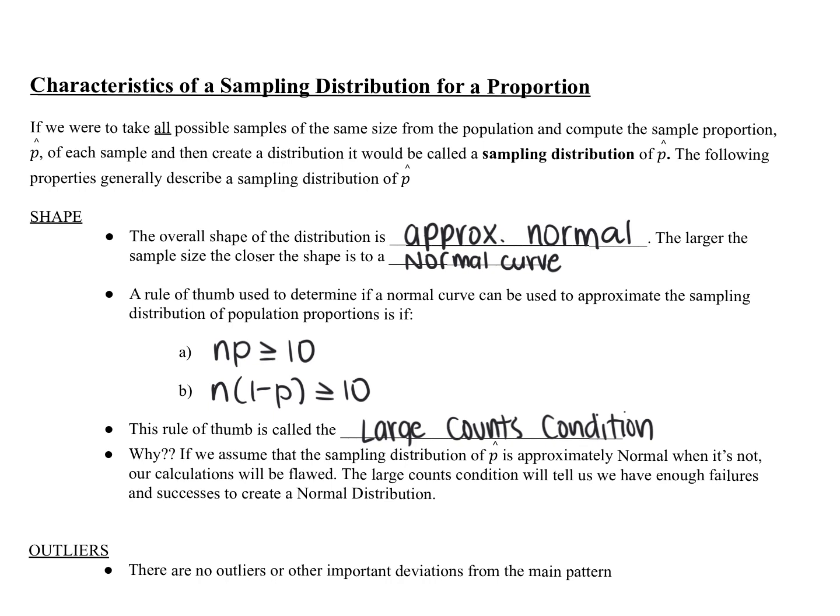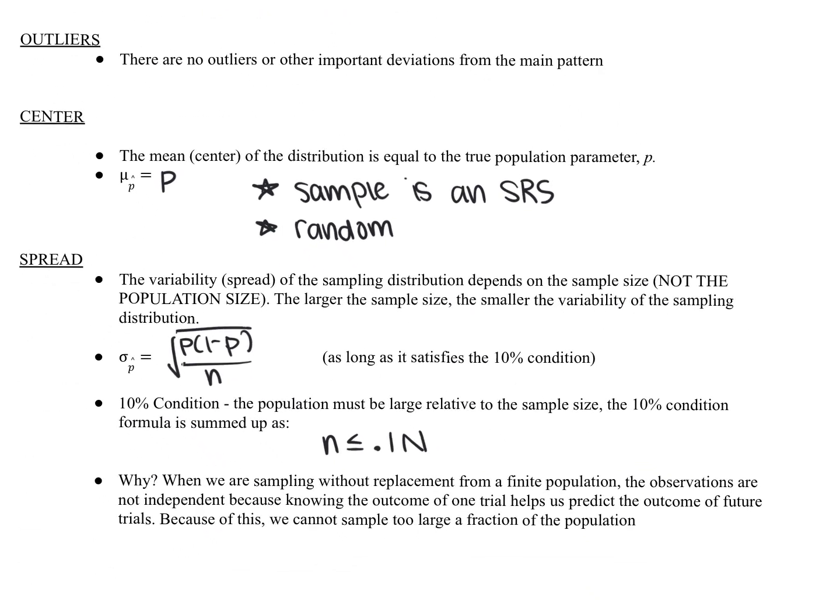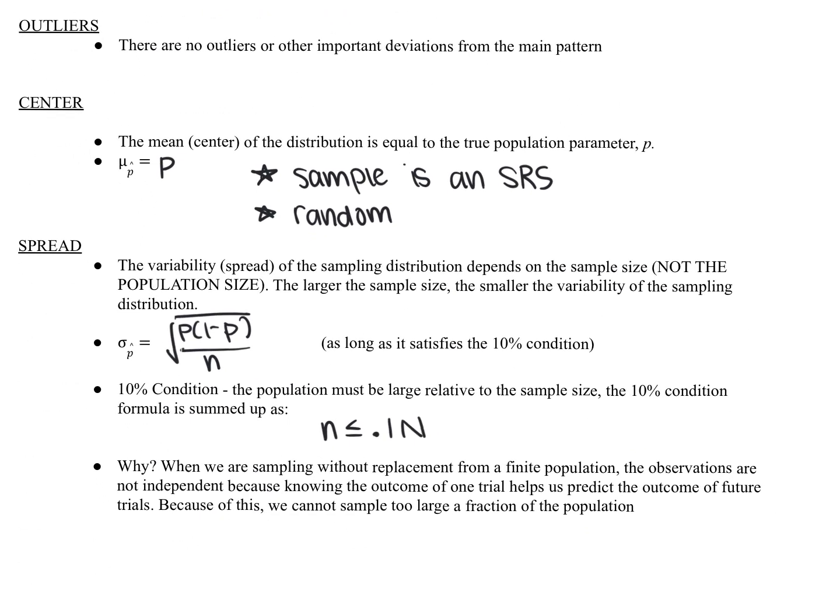The next is outliers. The nice thing here is that because we have an approximately normal curve, there are no outliers, so we don't have to worry about them. Then we have our center and spread. The mean, or the center of our distribution, is equal to our true population parameter p, which we just discussed, so mu sub p hat equals p.